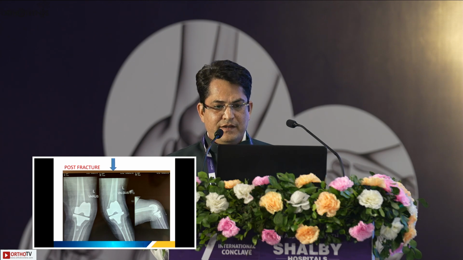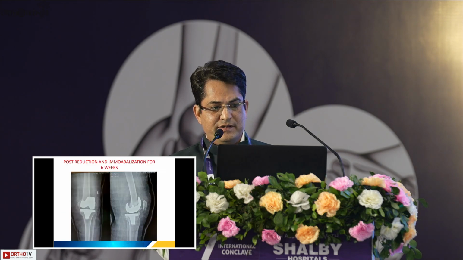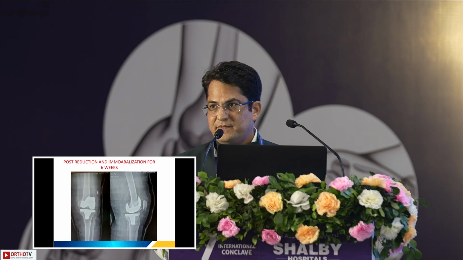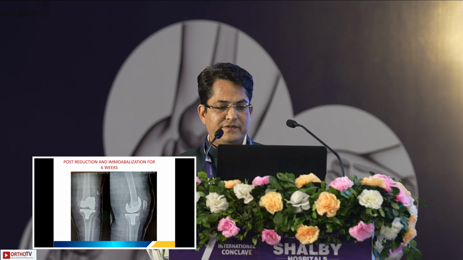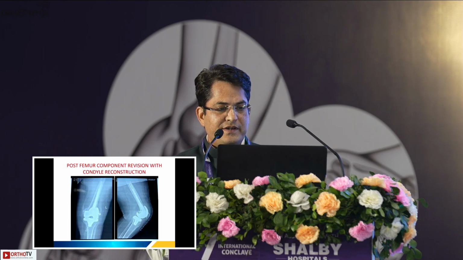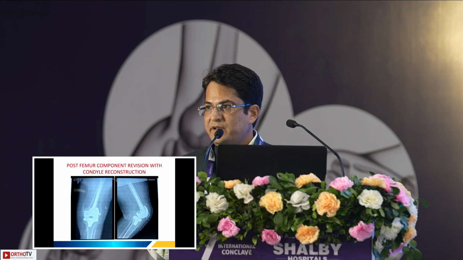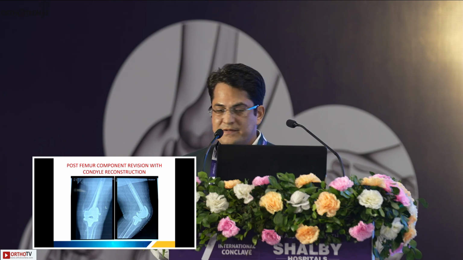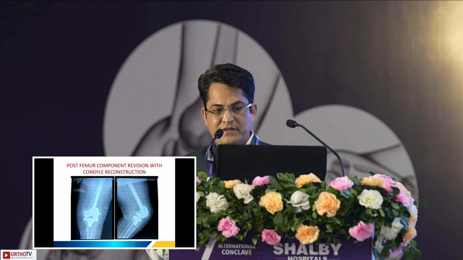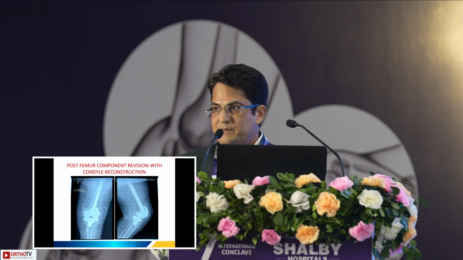I kept this lady for 6 weeks in plaster, along with teriparatide injection for 6 weeks. After 6 weeks, I revised her with a simple primary revision implant with long stems and fixed the condyles with screws. The tibia was left untouched.